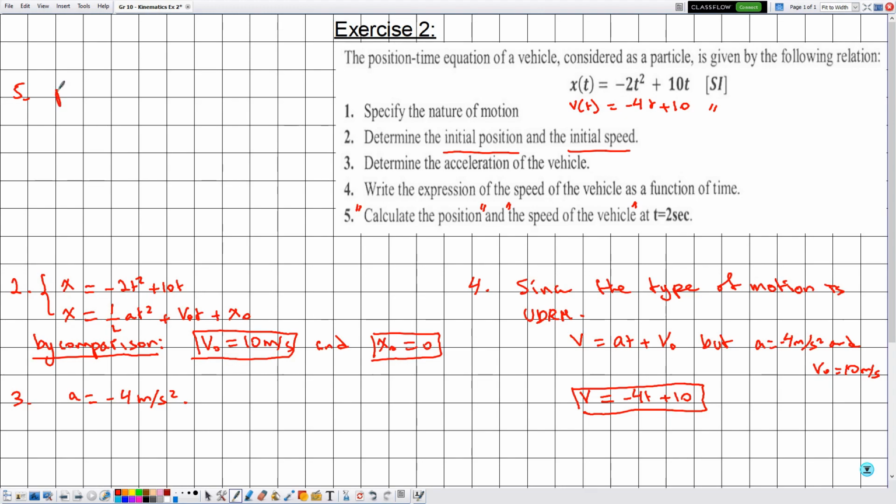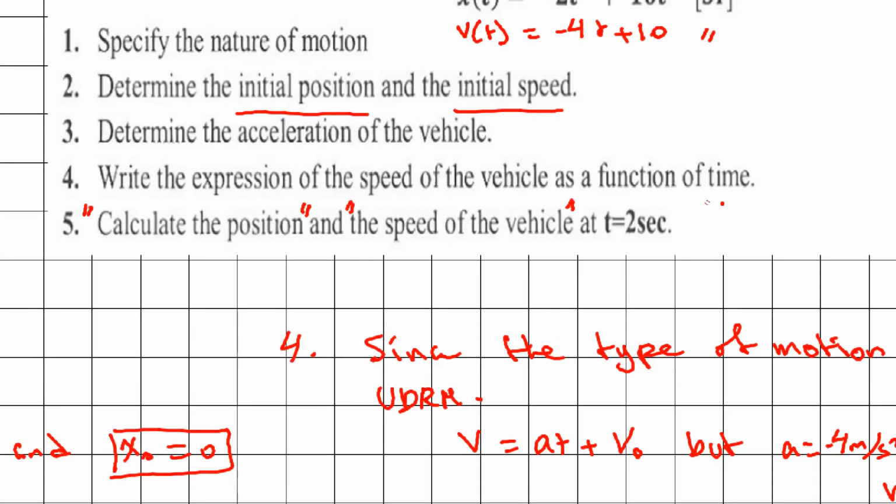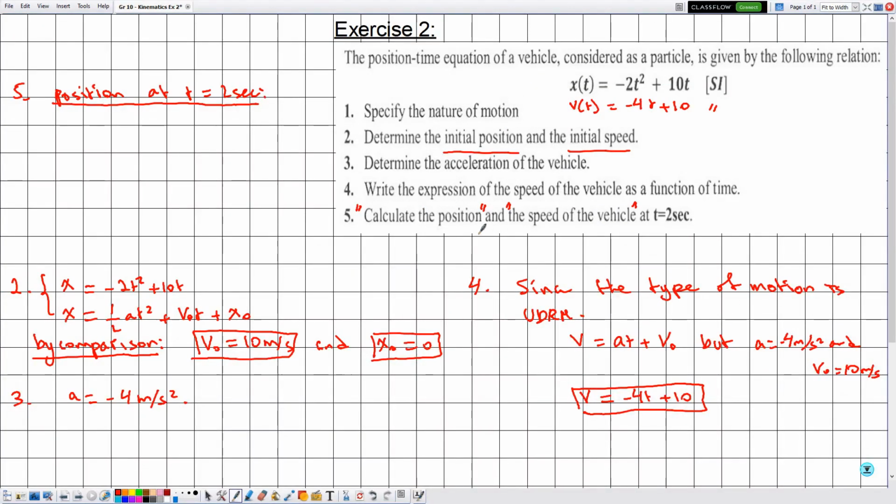So the position at t is equal to 2 seconds. Here they are asking me about the position, which is denoted by x. If they ask me about the distance, then d is given by x minus x0. So d is the distance covered and x is the position with respect to time.